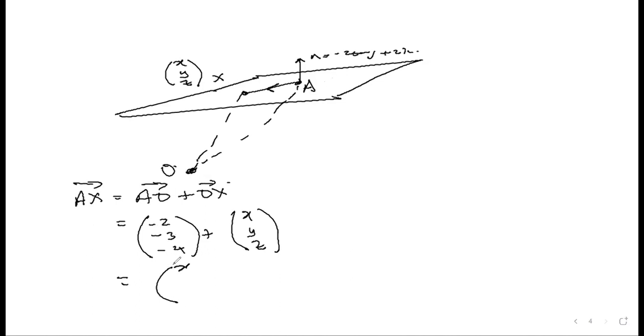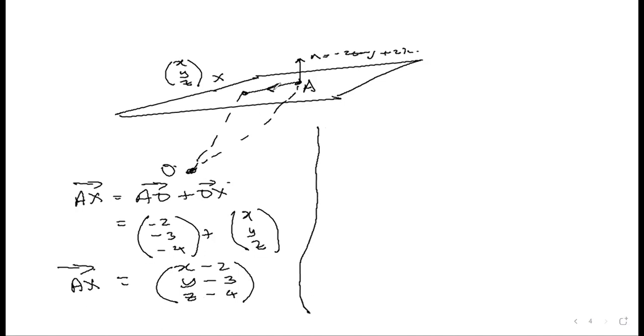That would give me x minus 2, y minus 3, z minus 4. So this is my AX.